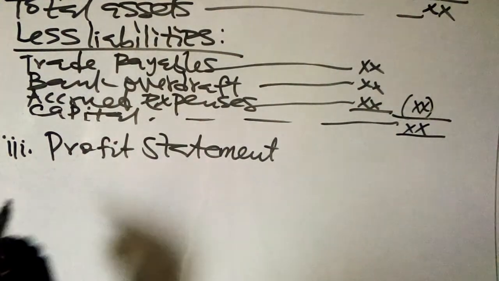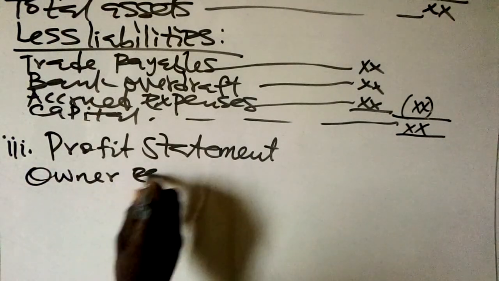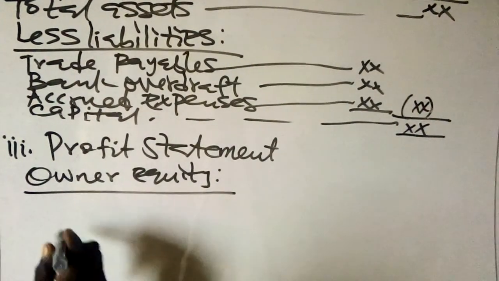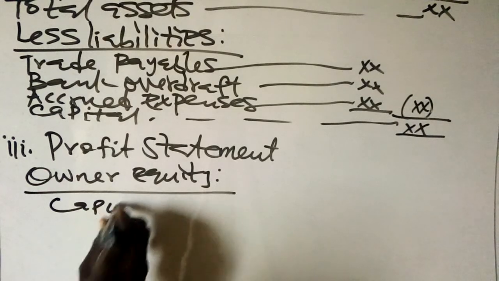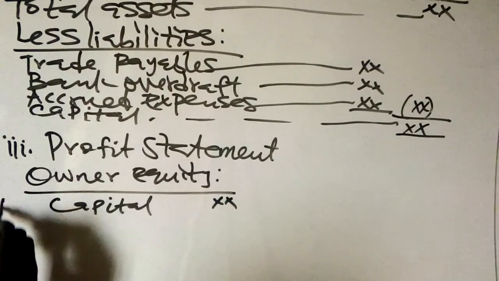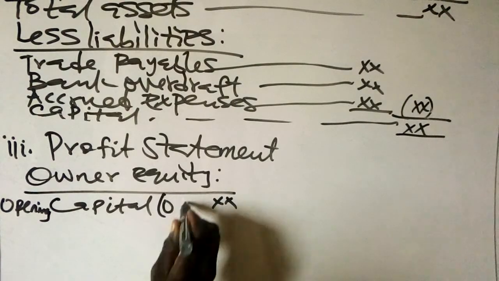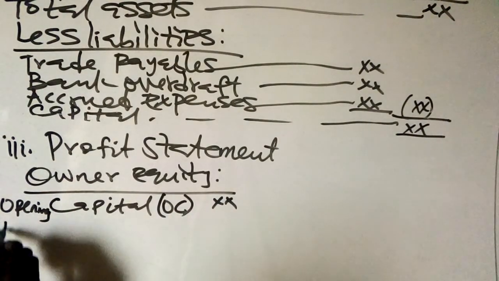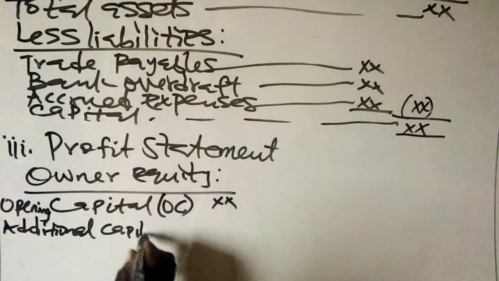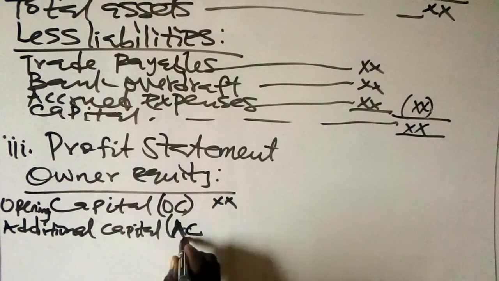Under the equity section of the statement of financial position, owner's equity, that is of your balance sheet, you used to start with capital, but I want to call this opening capital. Then if you have additional capital, you add it. In a nutshell, you are starting with the opening capital, then additional capital, AC.